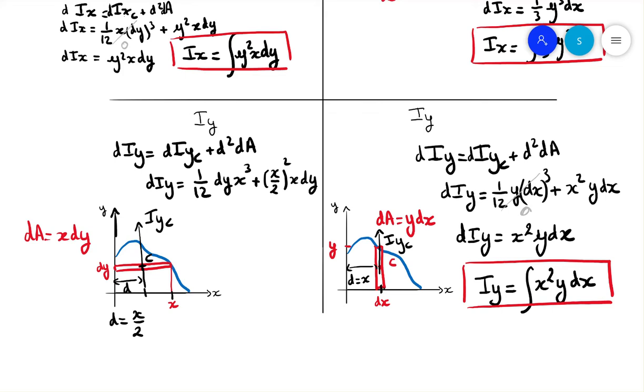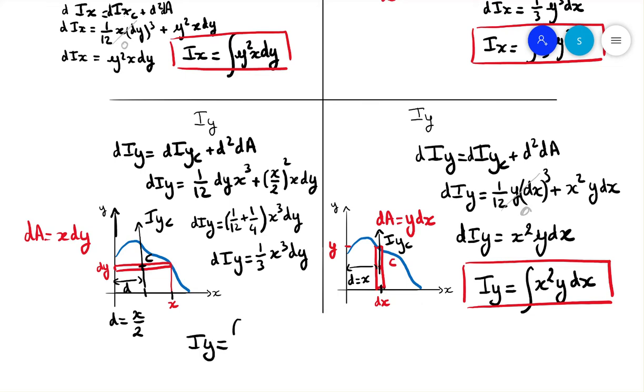Okay, so dIy is equal to 1/12 plus 1/4 of x squared times x, which is x cubed, so x cubed dy. I factorize everything. So dIy is equal to 1 divided by 3 x cubed dy. 1/12 plus 1/4 equals 1/12 plus 3/12, which is 4/12, which equals 1/3. So if you take the integral on both sides, we find that Iy is equal to the integral of 1/3 x cubed dy.